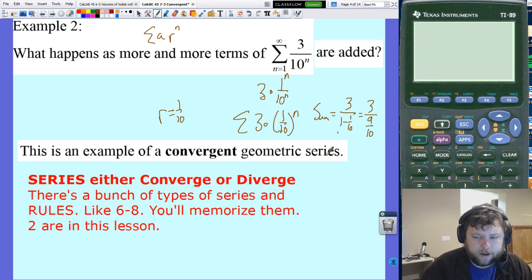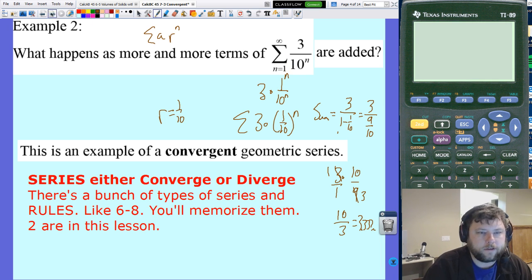Dividing by a fraction is the same as multiplying by the reciprocal, so 3 over 1 times 10 over 9, and we cancel a little bit: 1 over 3 times 10, so we get 10 over 3. That's basically 3.333. I messed up a little bit: this one started at n equals 1. So that's your answer.